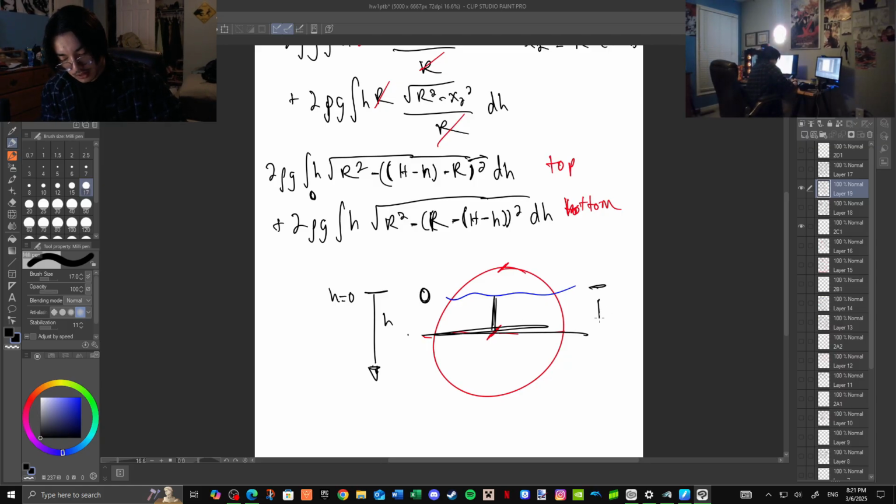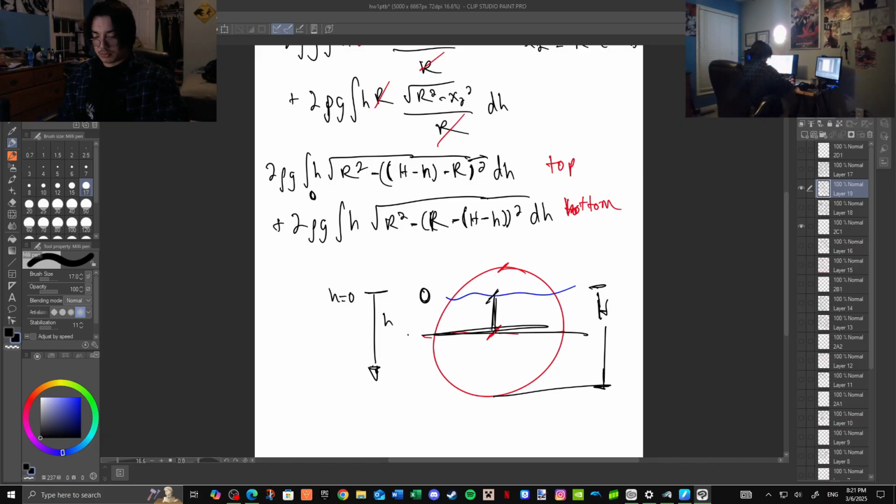So again, from the top of the fluid to the bottom of the full figure is big H. So we need to find this part right here, right?